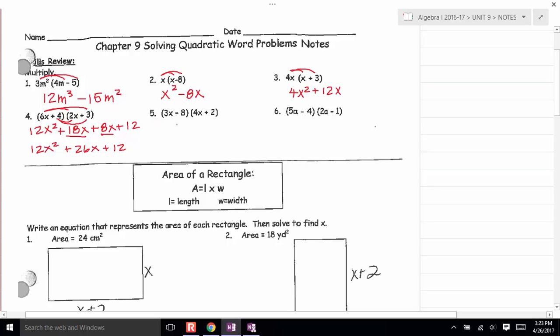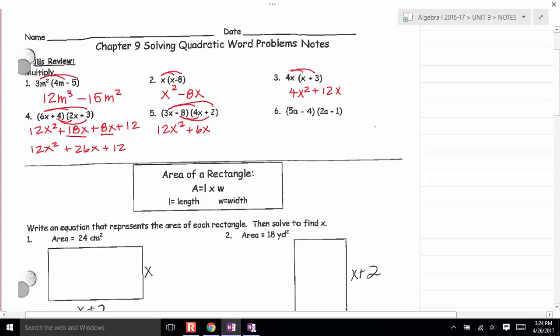Moving on to number 5 here, same idea. We have a binomial times a binomial. So we're going to start with the 3x and distribute it to the 4x and the 2. That's going to give us 12x squared plus 6x. We're going to come back and distribute the negative 8.